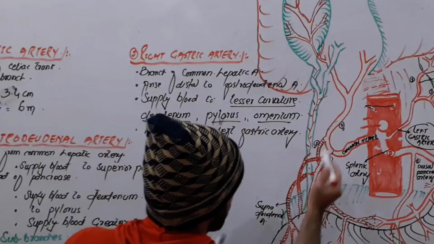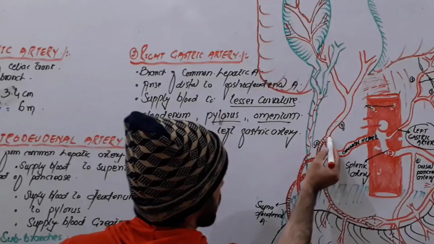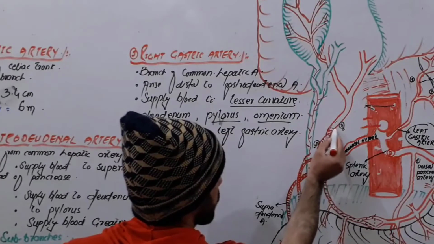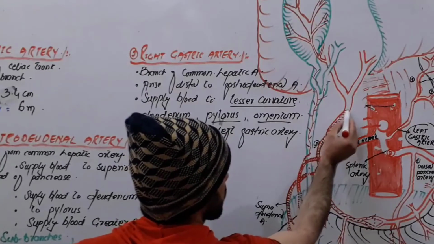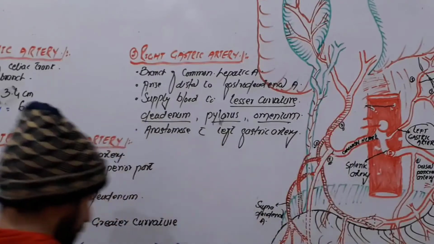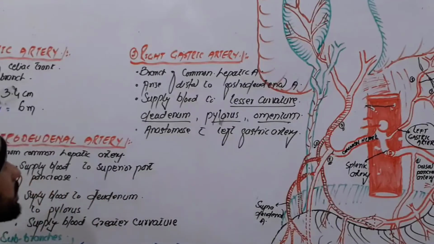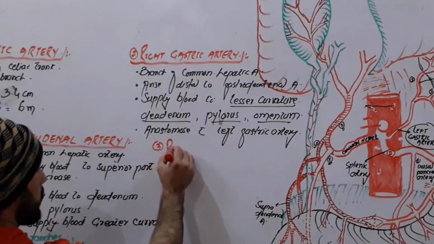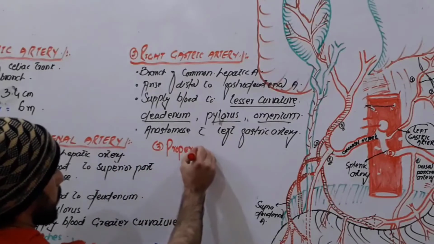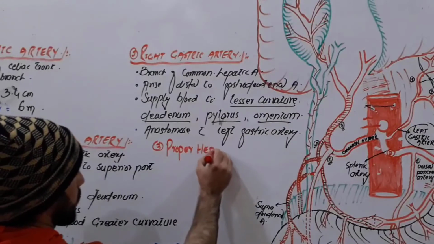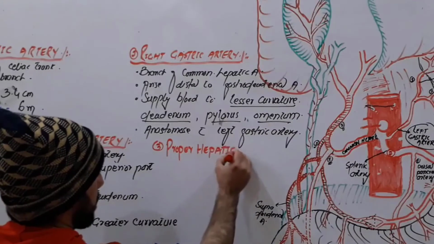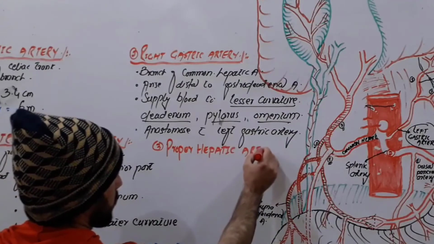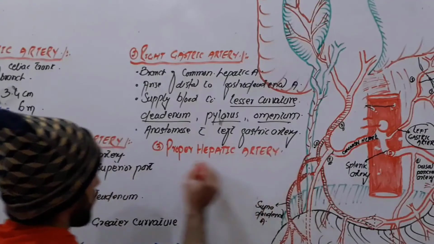This branch is the last branch; from here onward, this is our proper hepatic artery. Clear? So the third branch from this common hepatic artery is the proper hepatic artery. Done.